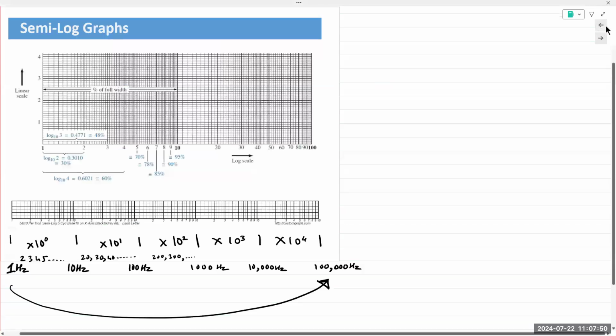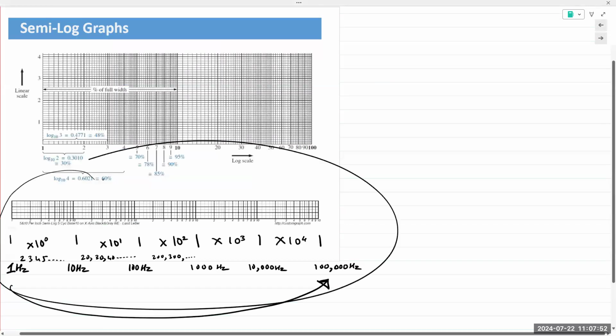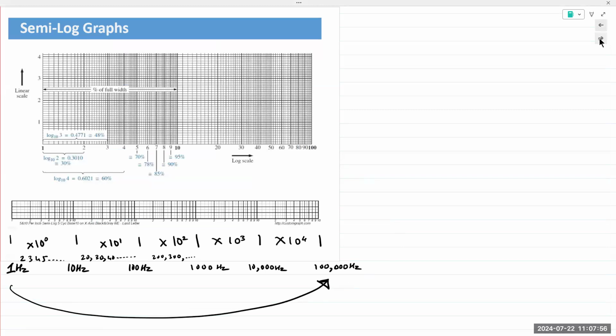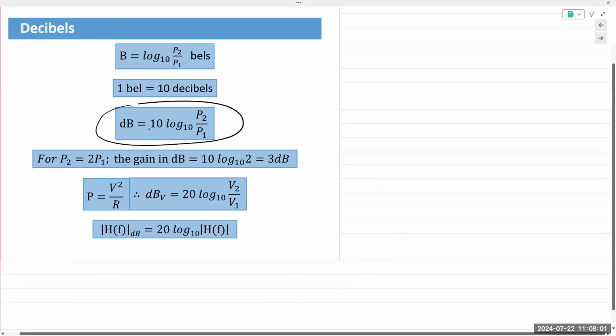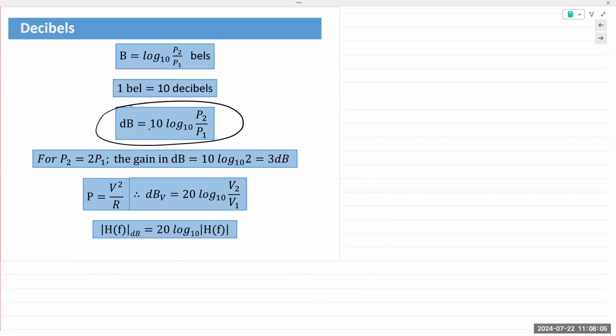The x-axis is compressed right here, plotted on the log scale. And the y-axis, you are plotting linearly, but the values are compressed themselves. And because the values are compressed, you can plot a very wide range of values on the same small chart.